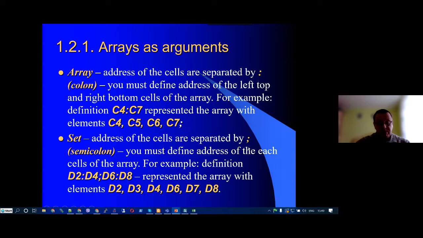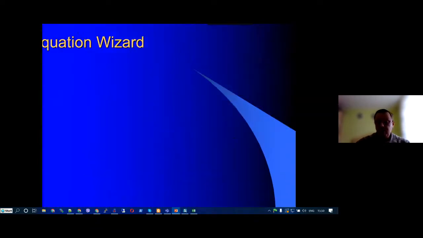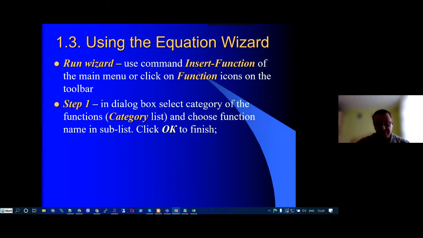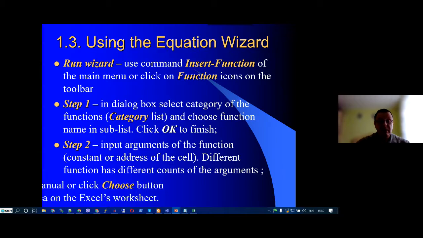And if it is a set, we must list exactly each single element delimited by a semicolon. So, an example is given below. All these things are actually the minimal requirements and techniques to implement it. It's the minimal requirement to be able to deal with mathematical statistical calculation in a spreadsheet.